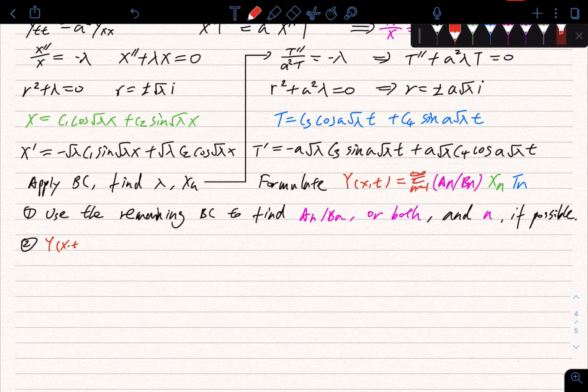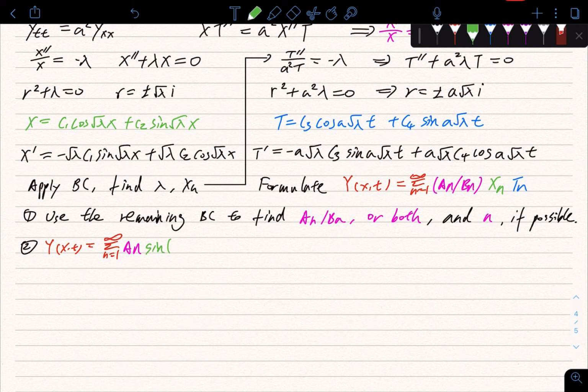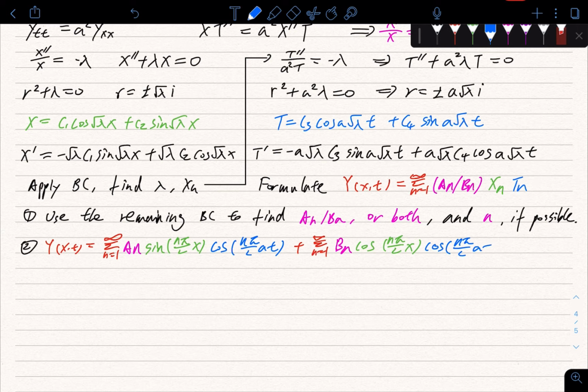Y of x, t equals the infinite series, n equals 1, a n sine of n pi over L x, times cosine n pi over L a t, plus another infinite series b n cosine n pi over L x, and then another cosine n pi over L a t.